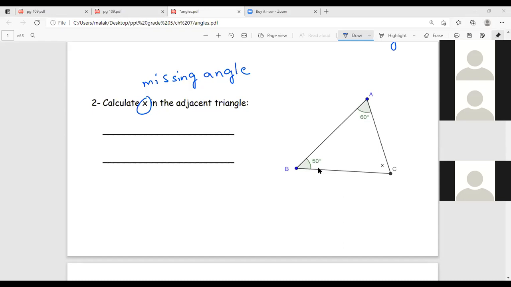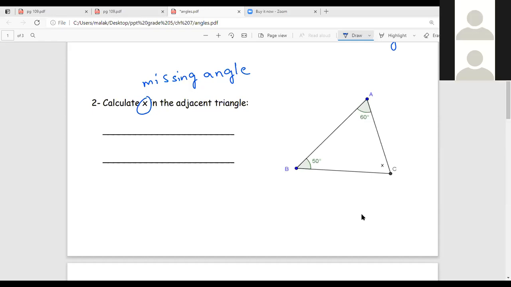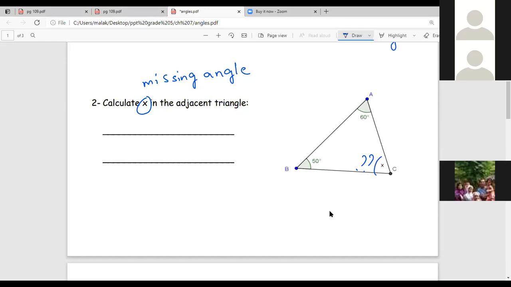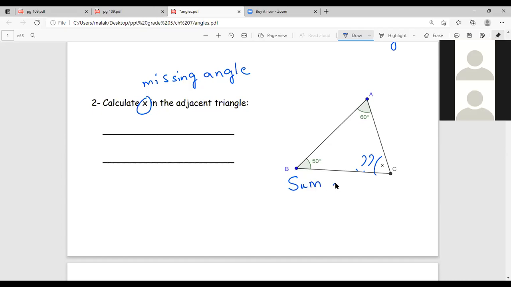50 degrees. How many times should I say don't answer without permission? So, I gave you 2 angles, 60 and 50 degrees. You want to know the third angle. We know that the sum of all angles in any triangle is how much? 180.